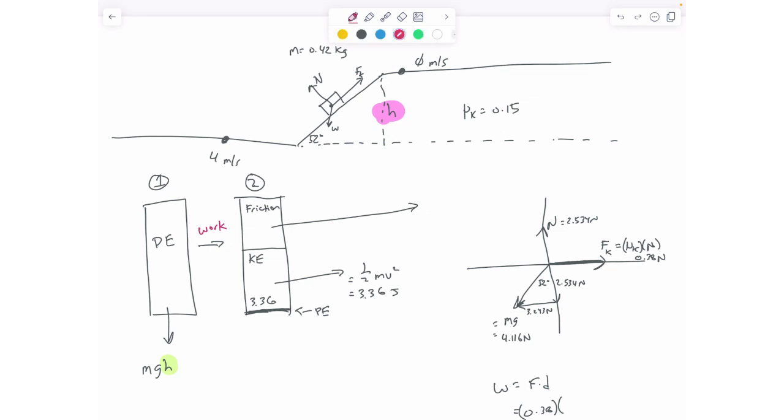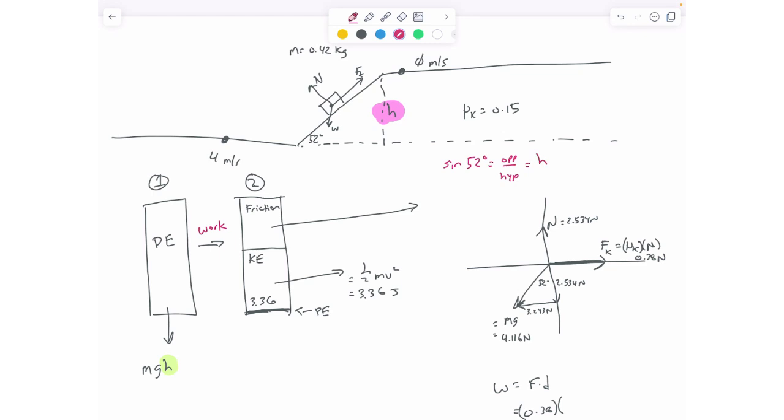Okay, so let's figure out what the hypotenuse is. What I could say is that the sine of 52 degrees is equal to the opposite over the hypotenuse. And the opposite of 52 degrees is h. And the hypotenuse is the hypotenuse.